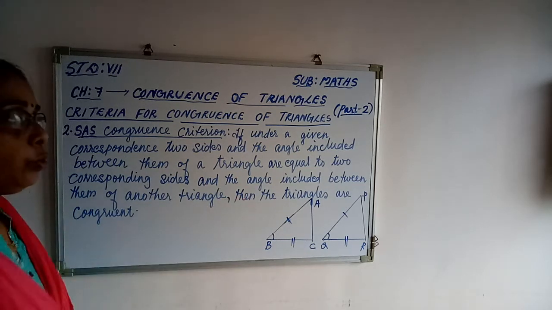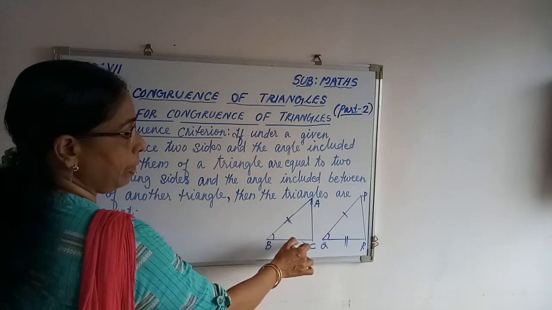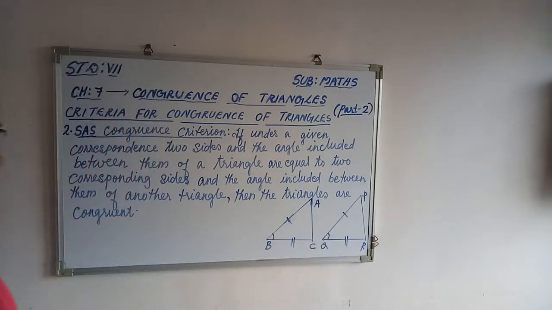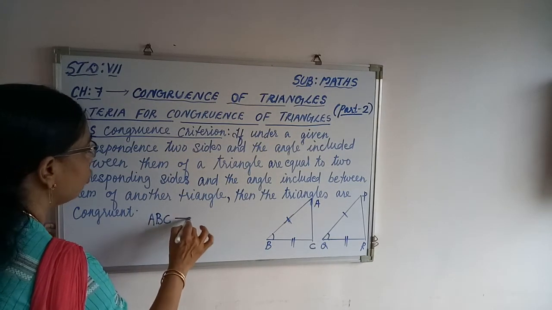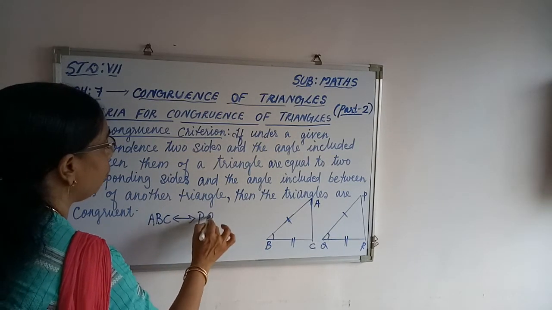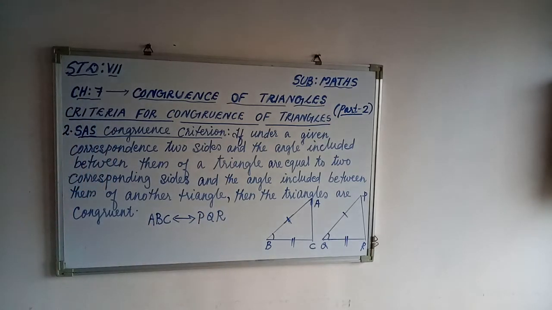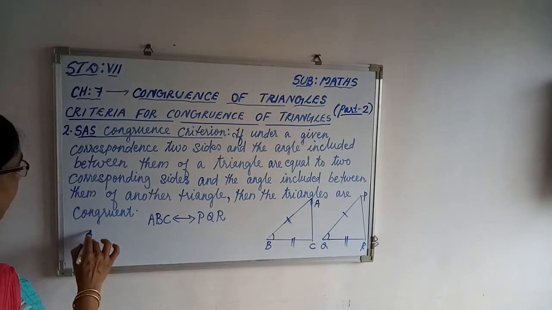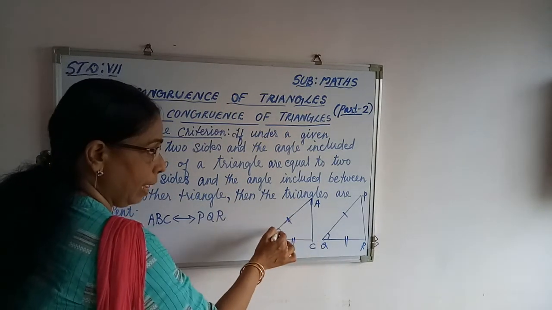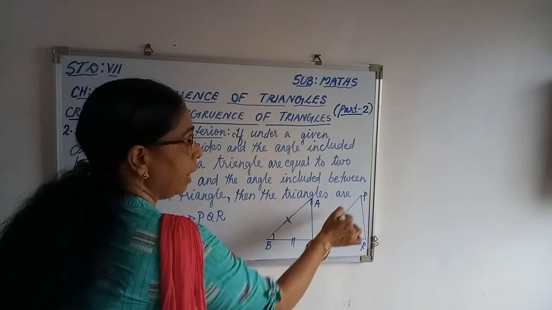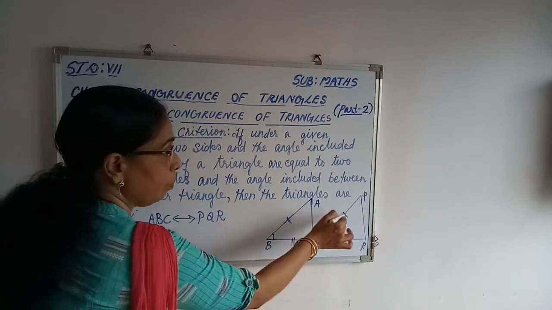See, here I have drawn two triangles, triangle ABC and triangle PQR. The one-to-one correspondence is ABC corresponds to PQR. See the picture, you can see. It is given that in triangle ABC the side AB, and in triangle PQR the side PQ, they are equal, which is marked.